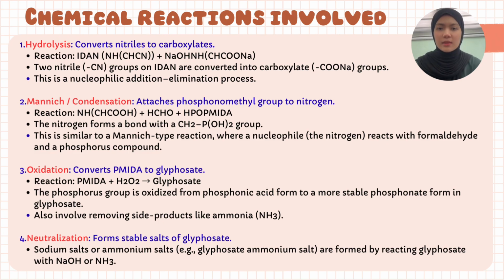In hydrolysis, it converts nitrile to carboxylate. In Mannich condensation, it attaches the phosphonomethyl group to nitrogen. In oxidation, it converts PMIDA to glyphosate. And lastly, in neutralization, it forms a stable salt of glyphosate.